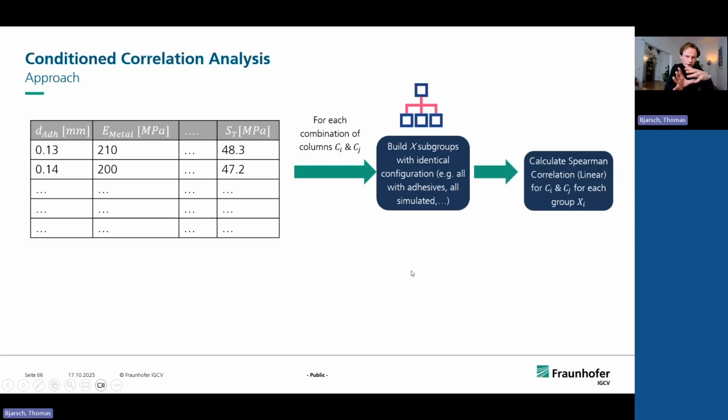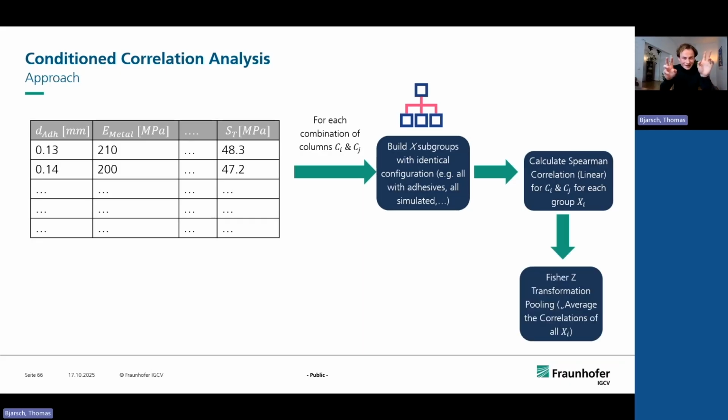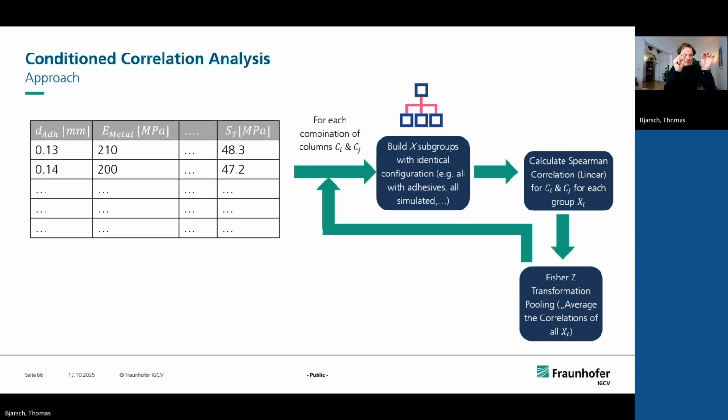Then within each subgroup, you calculate the actual correlation, in this case just a simple linear correlation, Spearman. Then you more or less average all those correlations between all subgroups. And then you do the same for all combinations lastly.